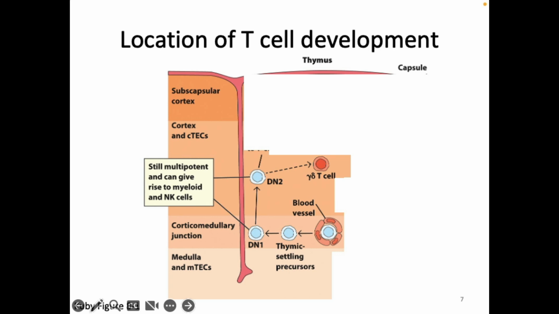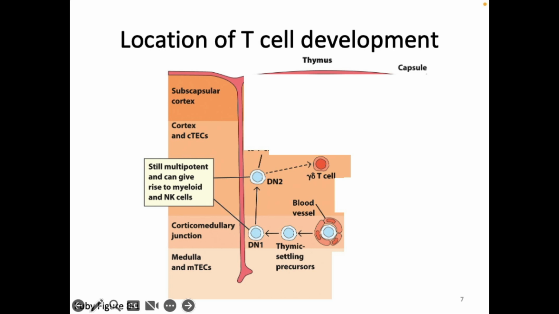And these cells enter the thymus right at the border between the cortex and the medulla. So you can see the DN1 cell comes in right at this border. And then the DN2 cell moves into the cortex and spends time in the cortex.